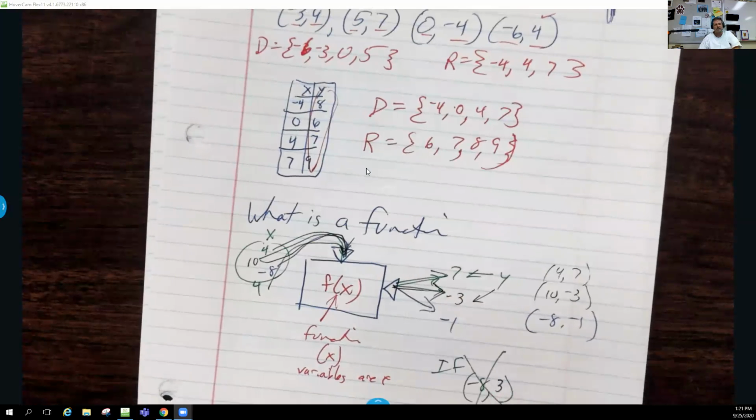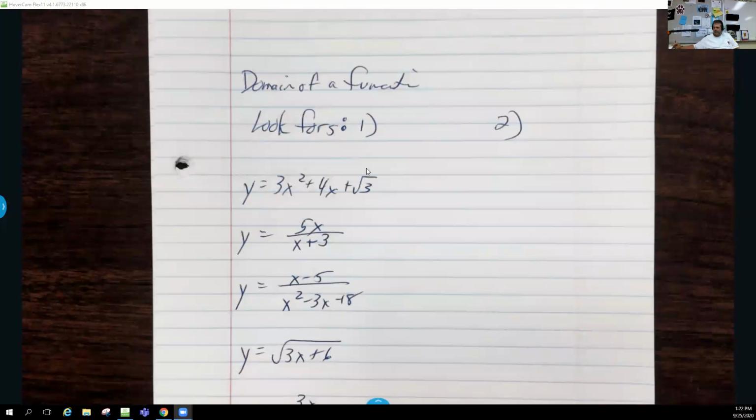So the actual idea about functions, you don't have to remember the rule or the actual definition, but for every x value, it has its own y value. You can never have two different y values going to the same x value. Okay, and that's just how functions will work.